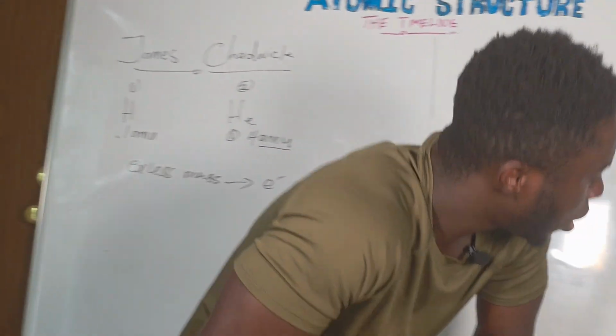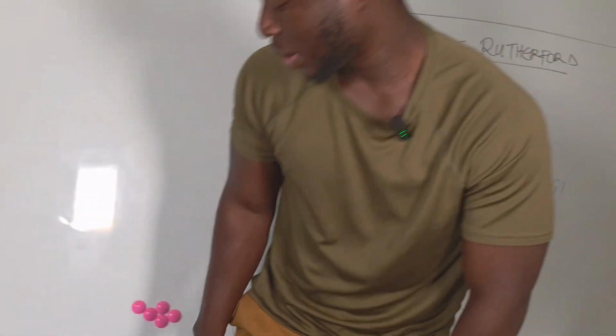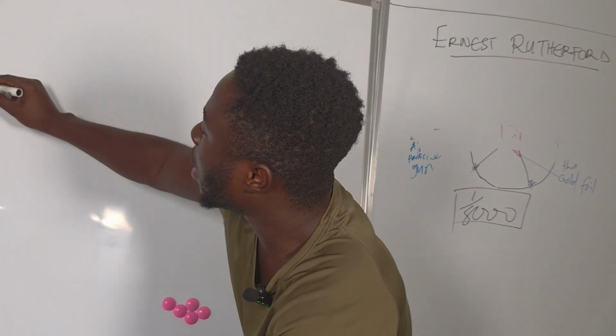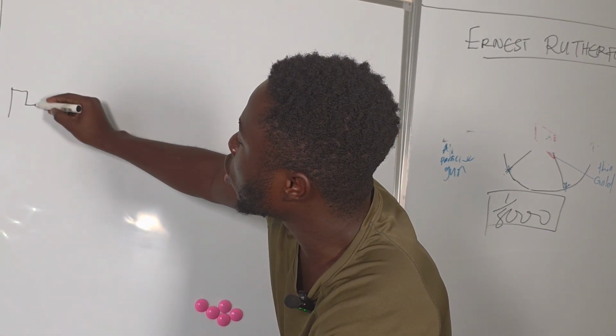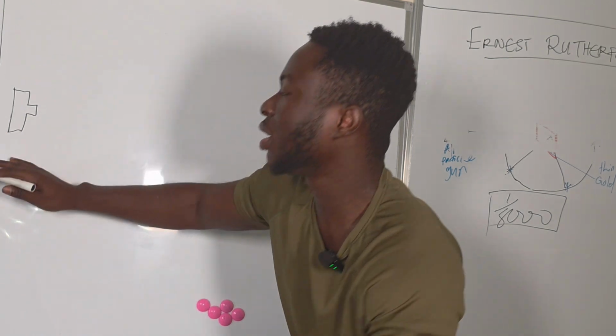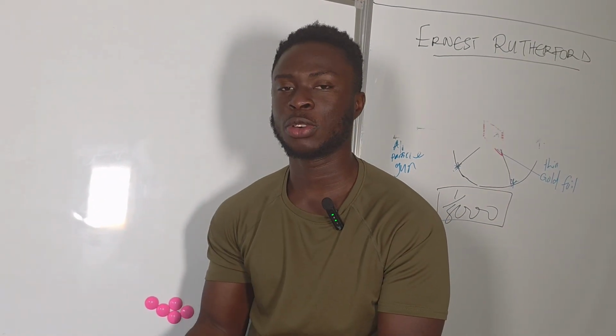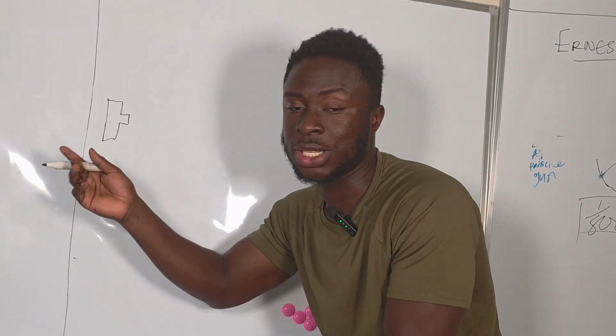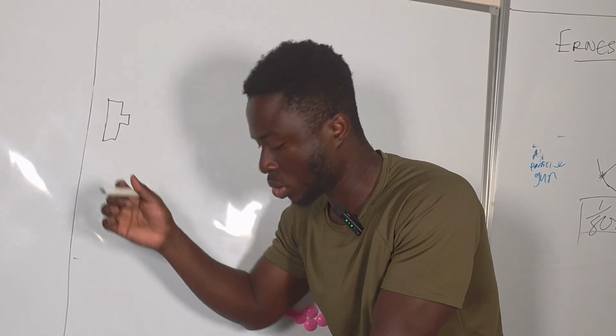What he did in order to achieve this was that he picked alpha particles, like the ones his boss used. And you might ask, where did they get the alpha particles from? At that time, they knew what radiation was. They knew what radioactivity was.